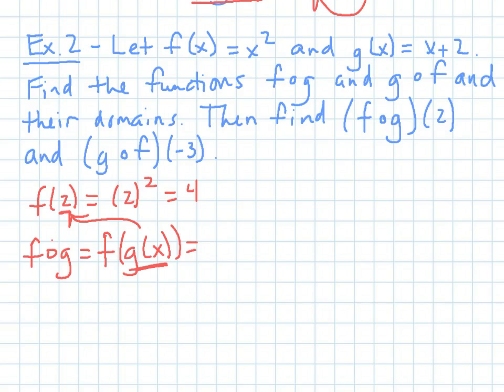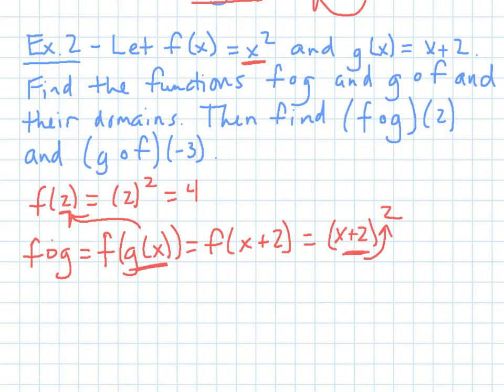So whatever my function is for g of x, so it's like saying f of x plus 2, is going to be inserted in for the x value, wherever that x value may be. So like here, I have x squared, right? So my x would be right there, and it'd be squared. So now I'm going to plug in x plus 2 in for x. Okay, so it's like a new value.